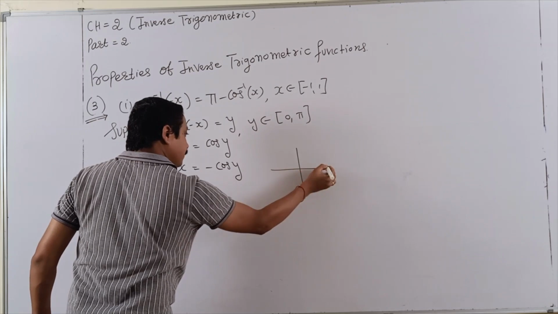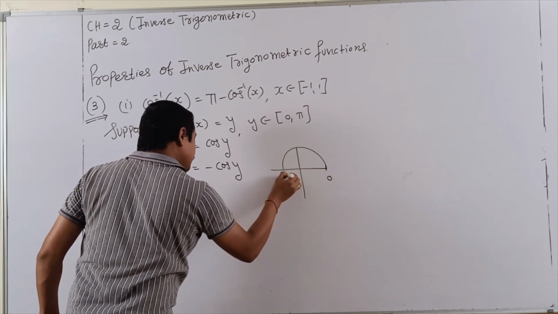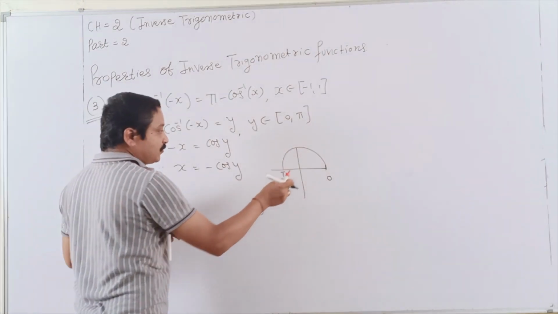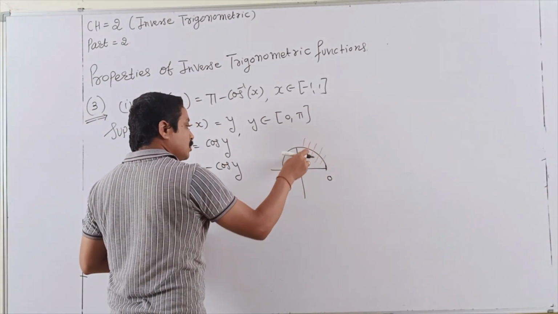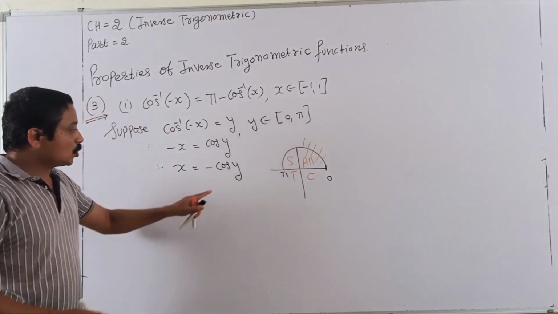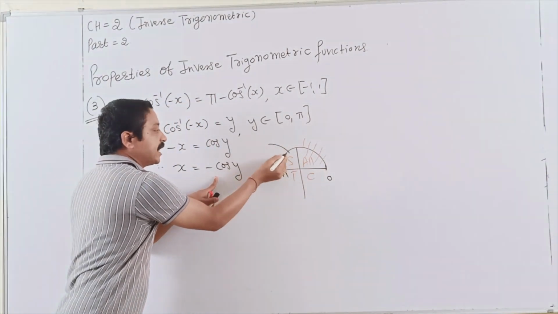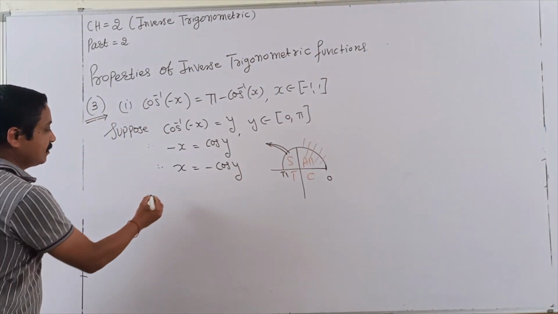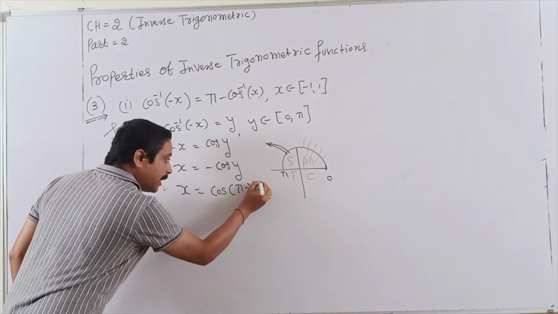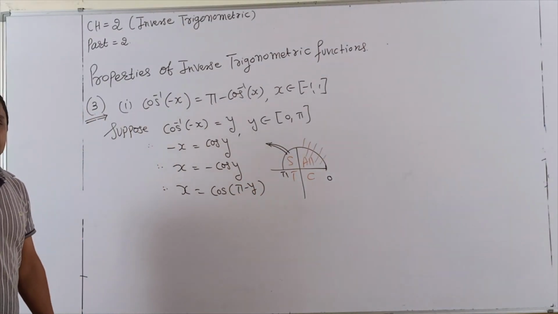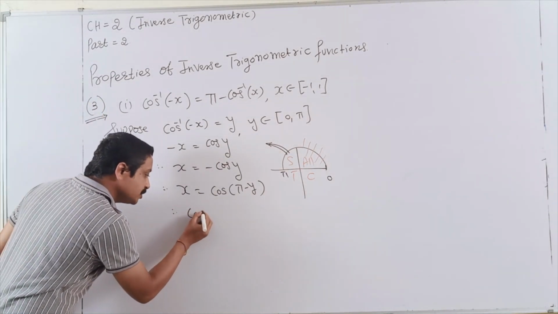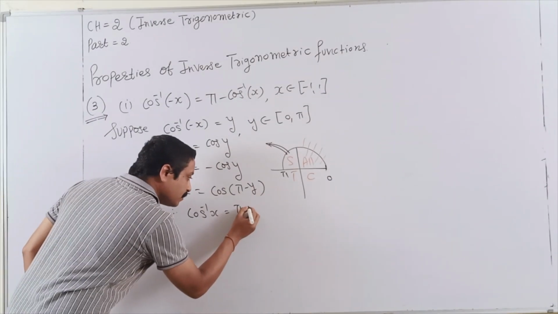Students, in 0 to pi definitely your quadrant is first or second. In the first or second, here all as TC. So cos is negative definitely in the second quadrant. That's why I show here cos of pi minus y. So what is the cos inverse x? It is pi minus y.